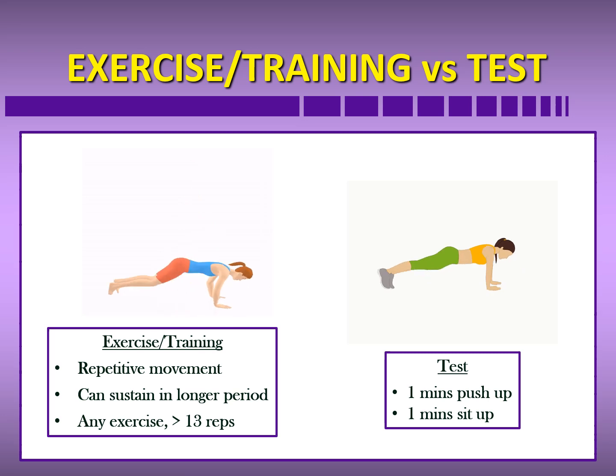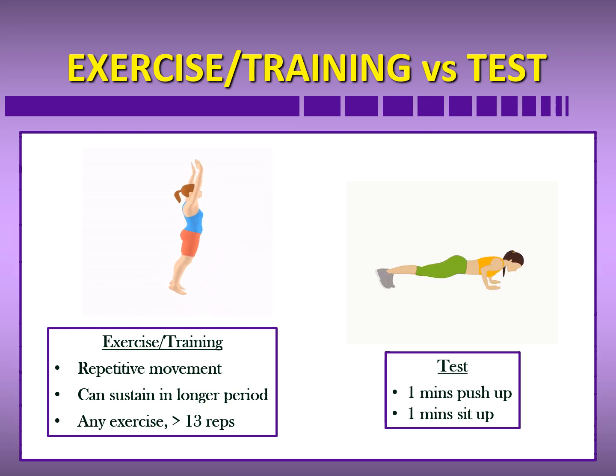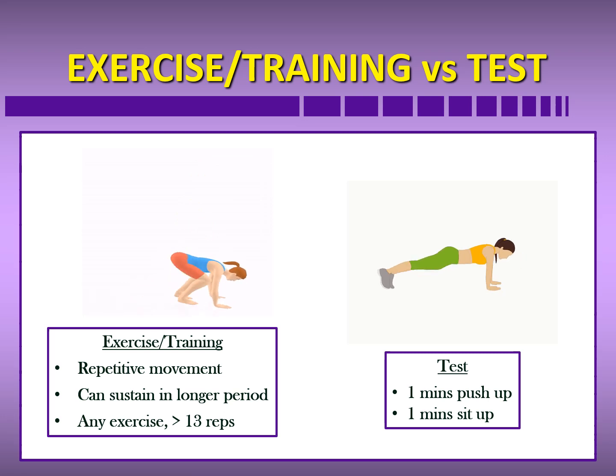For exercise or test here, it is any exercise with more than 30 repetitions. The test to measure muscular endurance is either 1 minute push up or 1 minute sit up. We calculate how many repetitions we can perform in 1 minute.